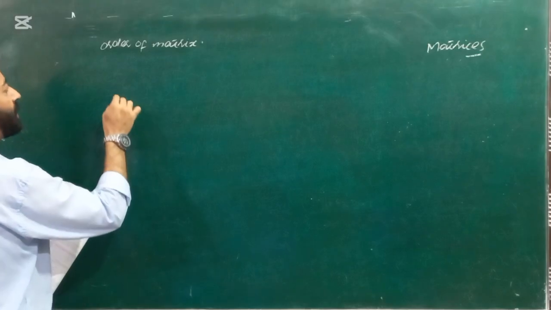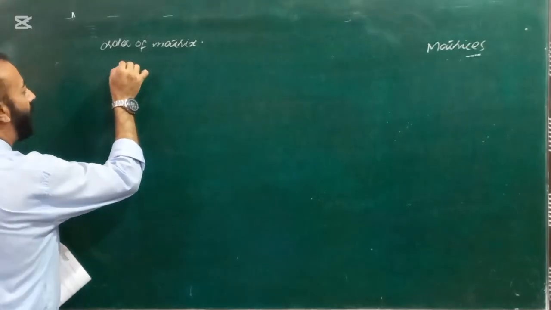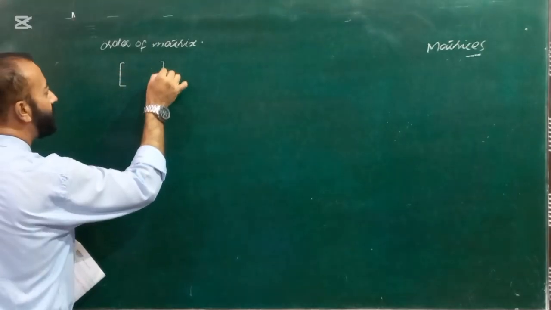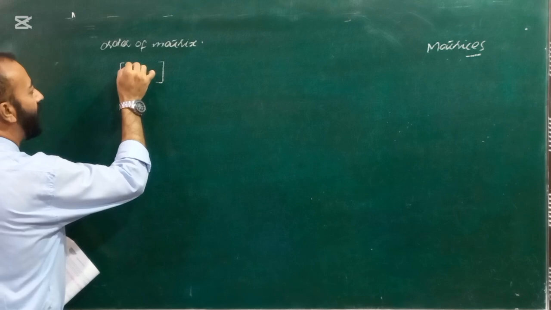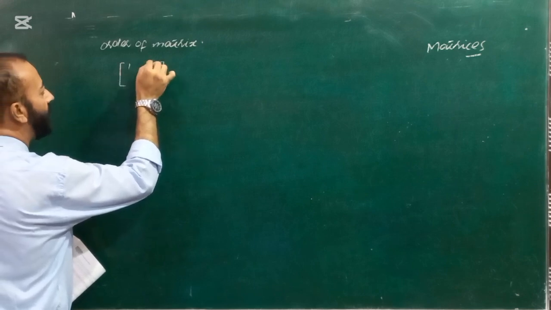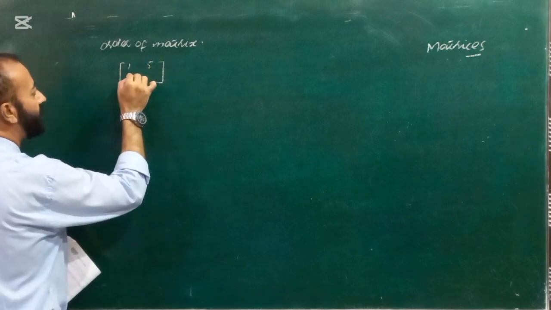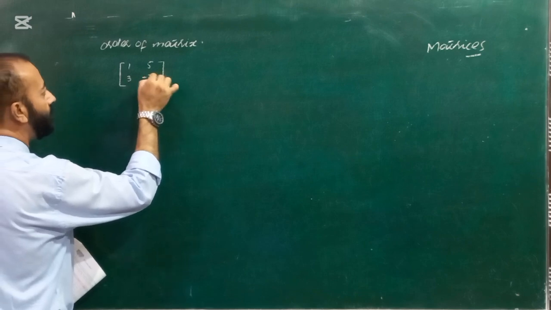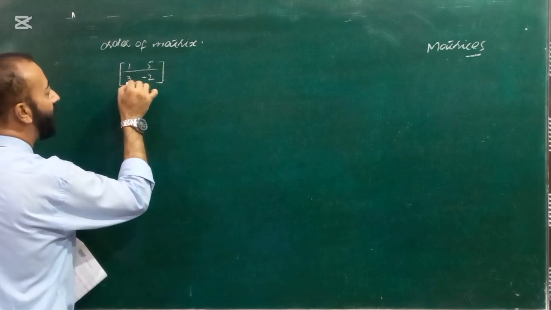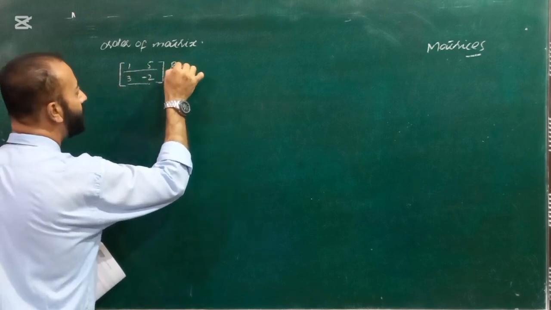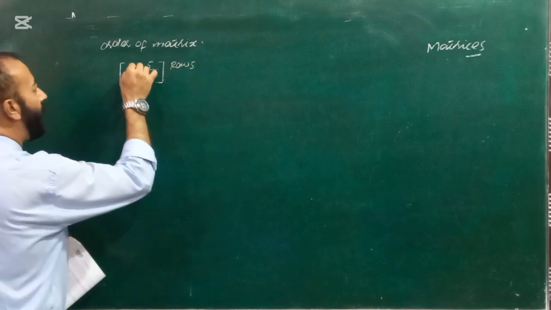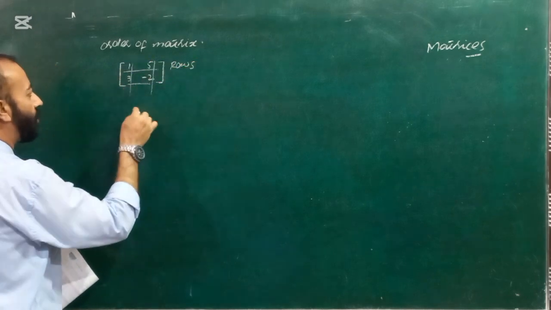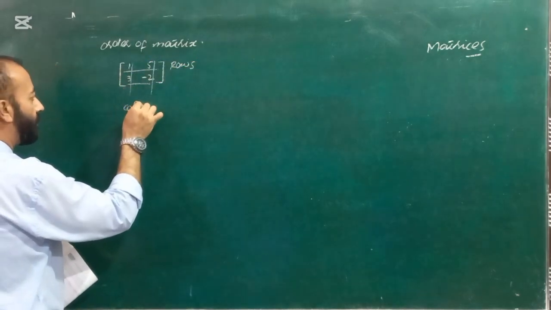Order of a matrix. So listen, in a matrix, these elements are called, for example, here are some elements. These elements are called rows, and these elements are called columns.